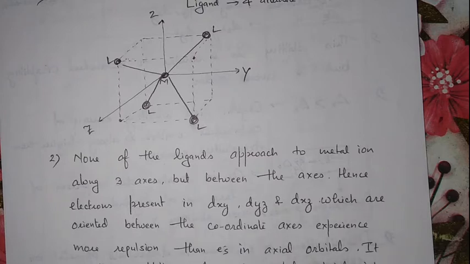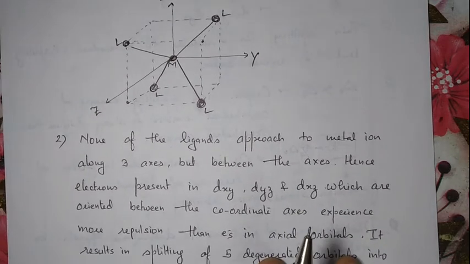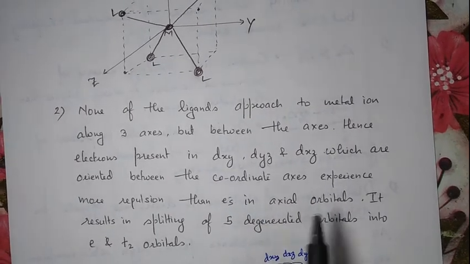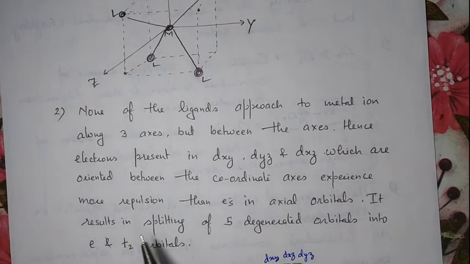In this splitting, the axial orbitals have lower energy after splitting, and the non-axial orbitals go to higher energy. This is called tetrahedral splitting. The 5 degenerate orbitals split into E and T2.